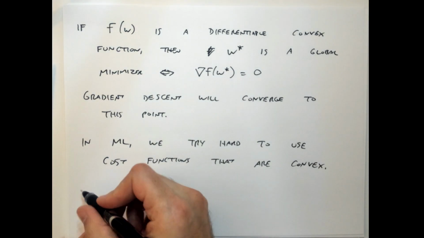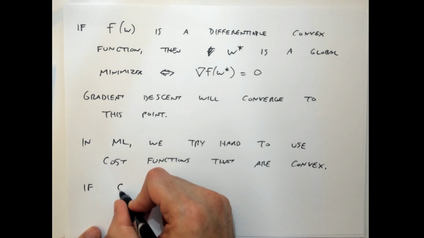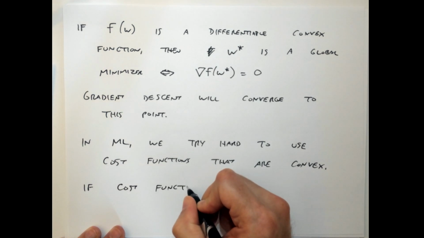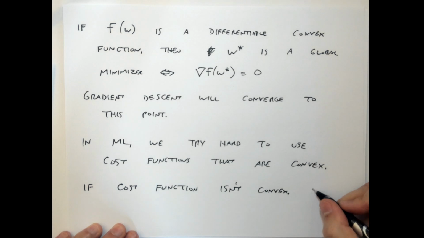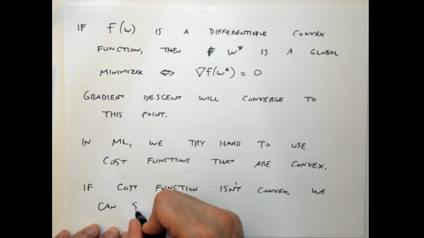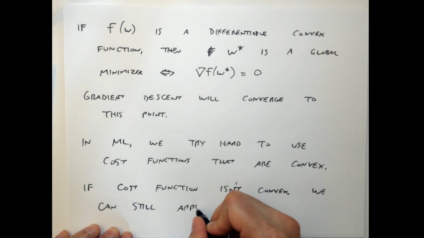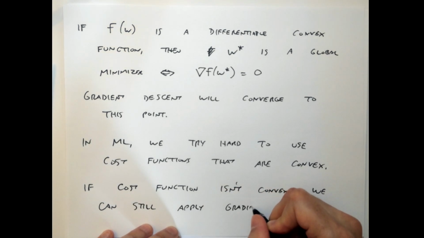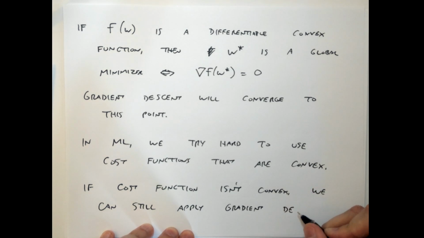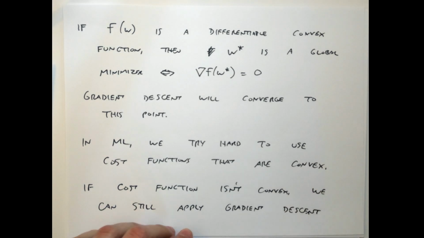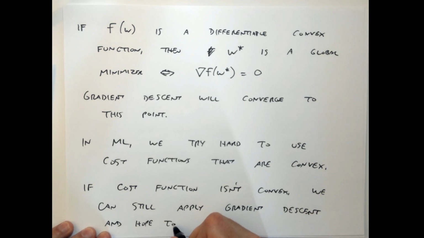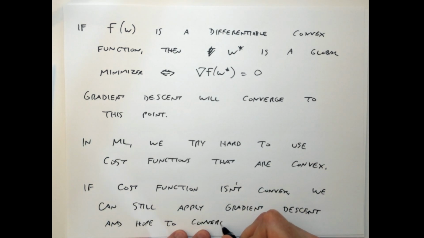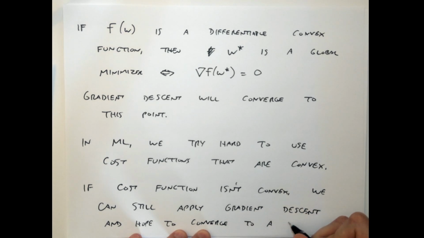So if the cost function isn't convex, we can still apply gradient descent and hope to converge to a local minimum.